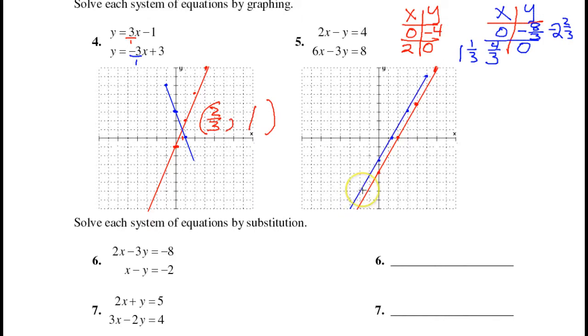And what does that look like to you? These are parallel lines. So for number 5, there is no solution. Again, graphing can be challenging, but it sort of shows the process of what is going on.